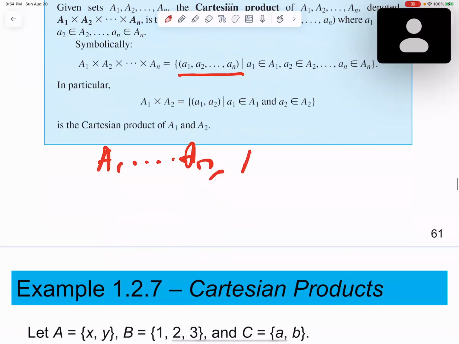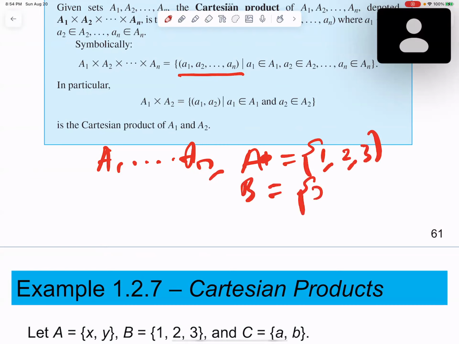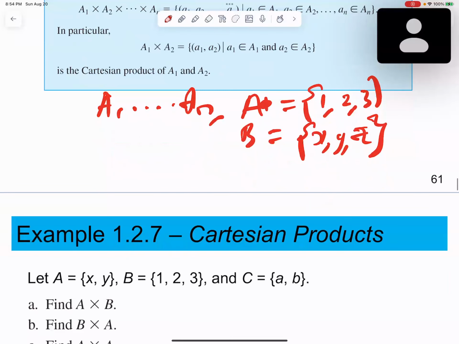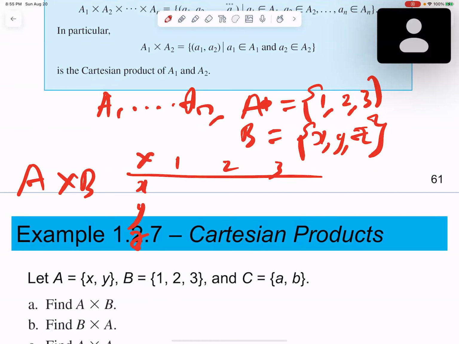So if I decide that my A is just 1, 2, 3, and my B is just X, Y, Z, then for my Cartesian product of A and B, I'll just do the table 1, 2, 3, X, Y, Z. I'll put the times here. So I'll group them. So X and 1, see?